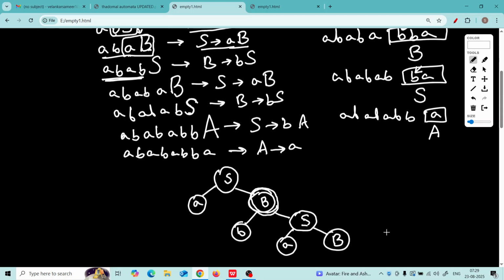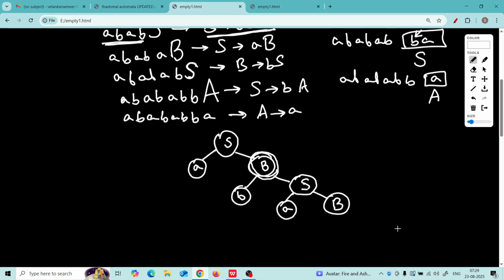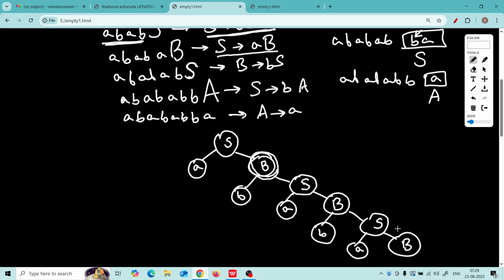Then in the next step, you substituted capital B with bS, so you get bS. Then in the next step, you substituted S with aB. This S was substituted with a capital B. Then B was substituted with bS.